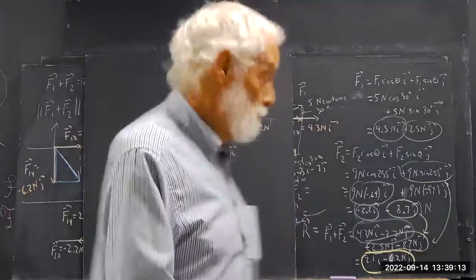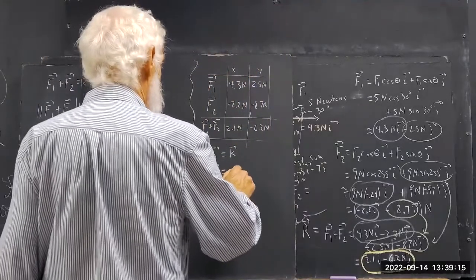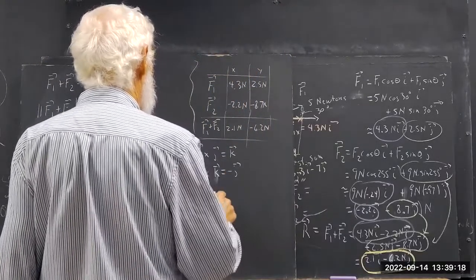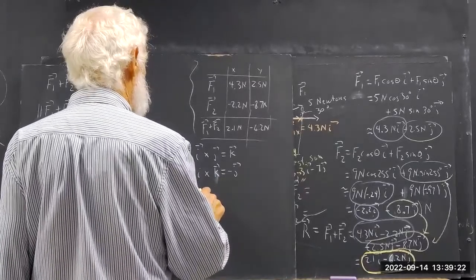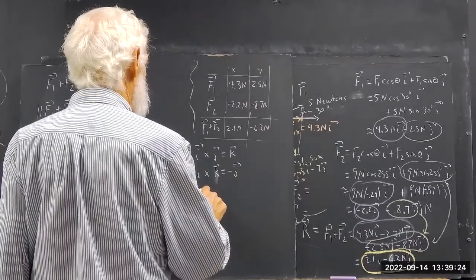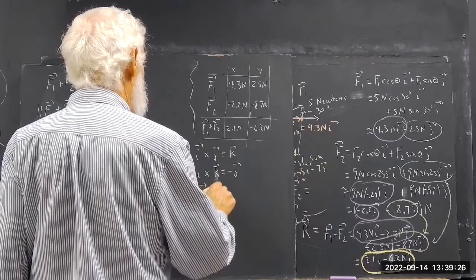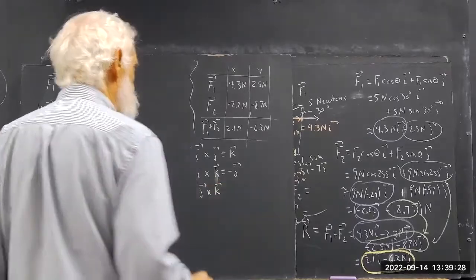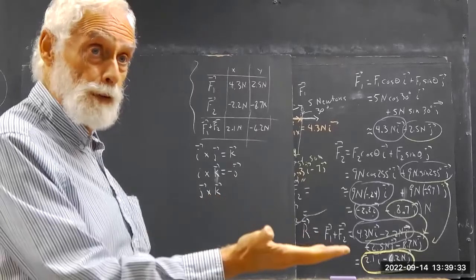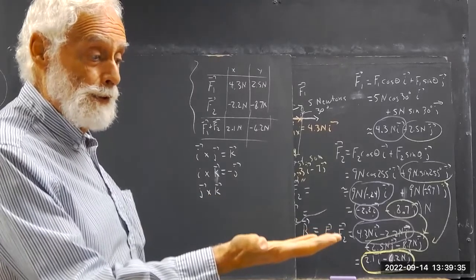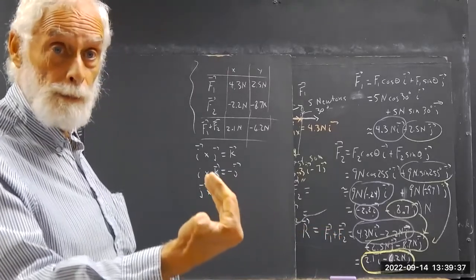That's negative J. And then, what's J cross K? Now I have to put my fingers in the direction of J so that they turn toward K, and that gives me I.